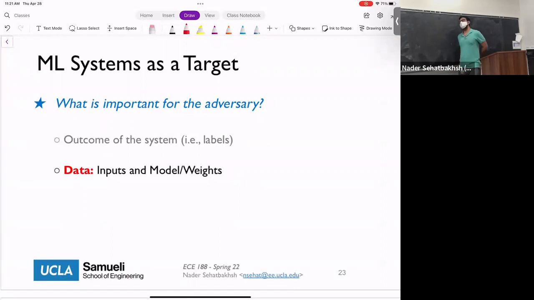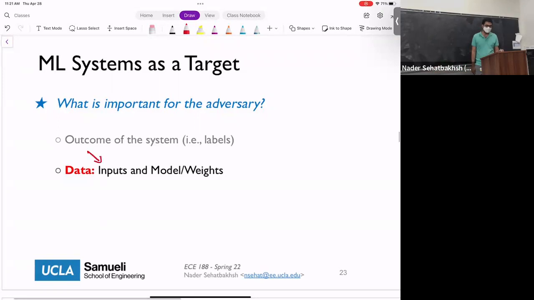The second thing the adversary can do is that data in machine learning, same as any other system, is important. So the attacker can either try to steal the input data, or the attacker can also try to steal the model. You might ask why? Because generally these days, these weights and these models are becoming IP.